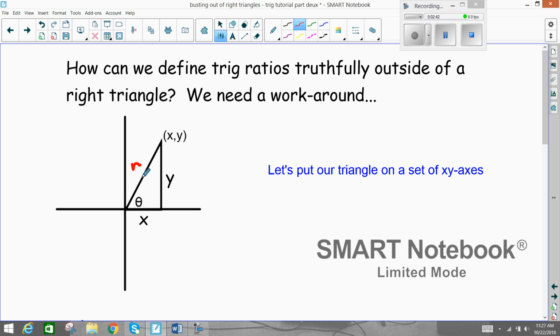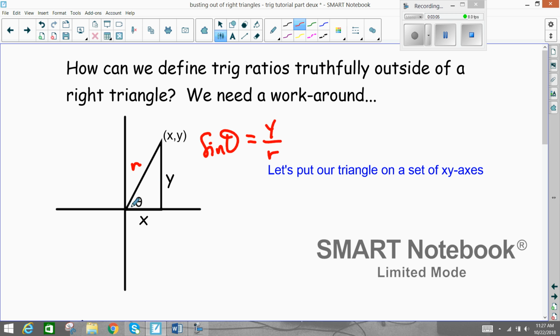So we're going to call that the radius, r. So clearly the sine of theta in this case is going to be y over r.